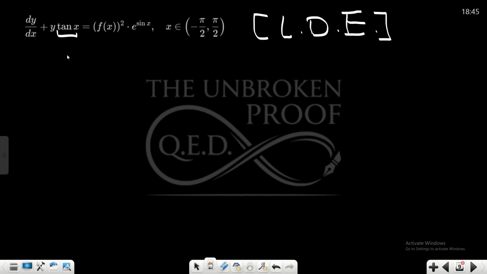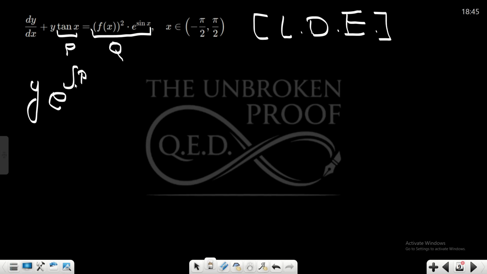if this is p of x, let me write it as p itself, and this is q of x, then the solution is given as y into e power integral p dx, if the independent variable is x.